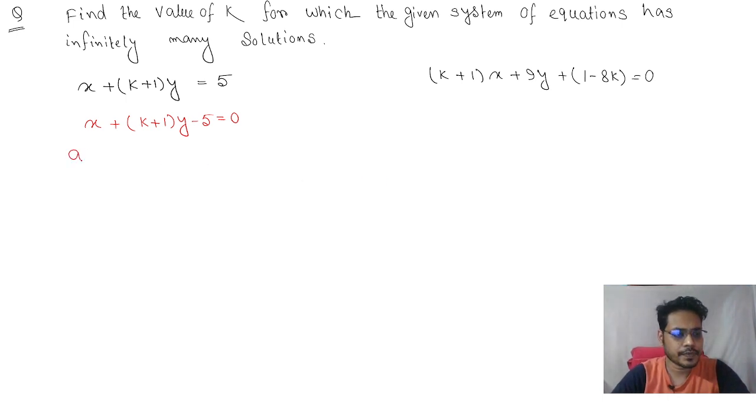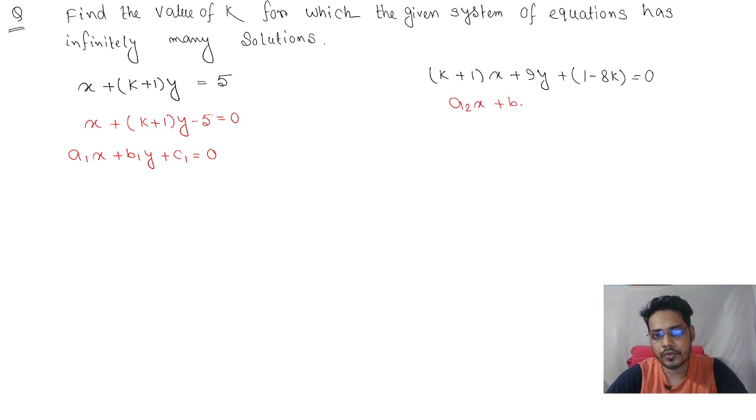So here a1x plus b1y plus c1 is equal to 0, we write in this form, and here a2x plus b2y plus c2 is equal to 0. Here the value of a1 is 1, then b1 is k plus 1, and c1 is minus 5.